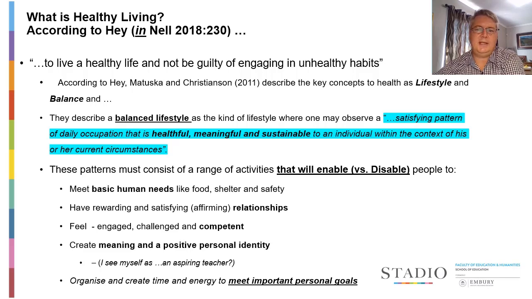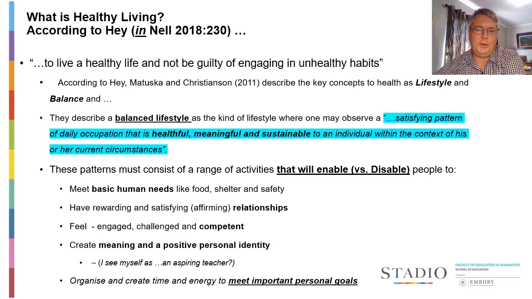So it can be an enabling instead of a disabling pattern of living: a pattern of living that will enable you to live healthily, or one that will disable you. And we can just think here of various forms of substance abuse that will severely affect us.